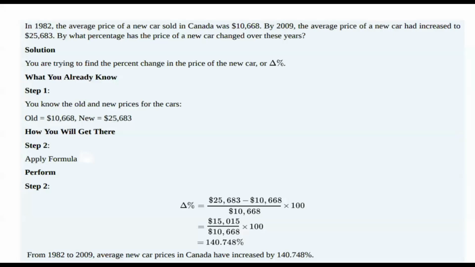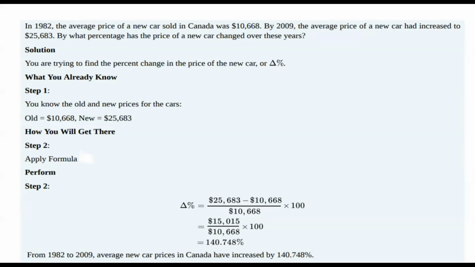Look at this problem. They're telling you that in 1982, the average price of a car in Canada was $10,668. In 2009, that has increased to $25,683.